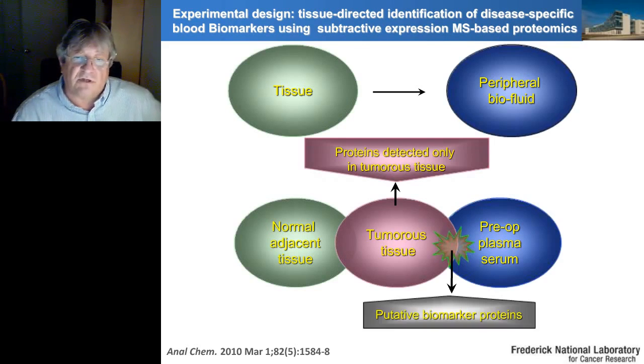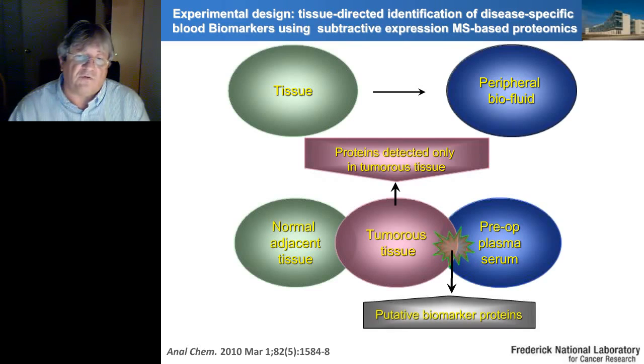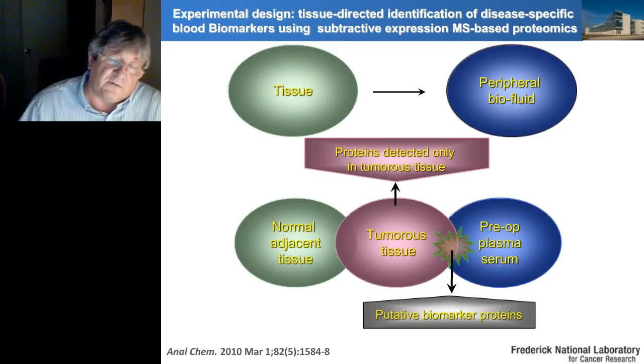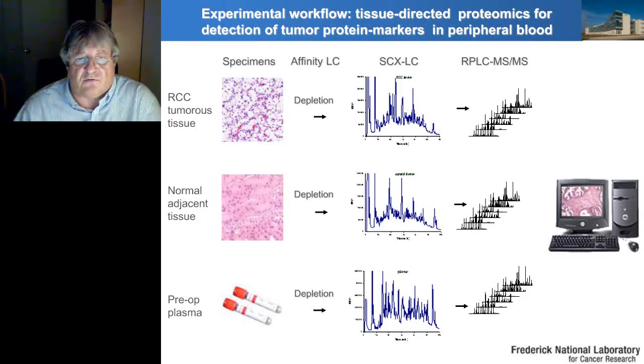Now the question is how we know that something is really coming from the tumor. It is a really simple idea: those proteins showing a higher spectral count in tumor than in plasma are most probably germane to the tumor, they are coming from the tumor, and those with a higher spectral count in plasma are most probably not related to the tumor. It could be some immune response or any other response to the tumor.